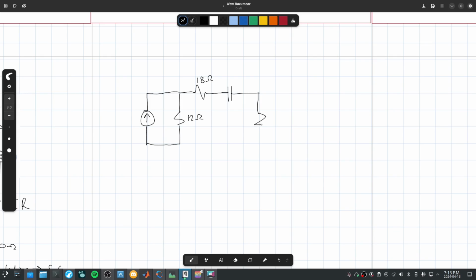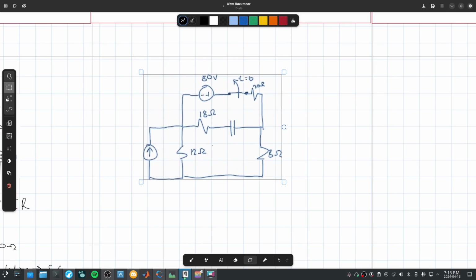We have another resistor here. This bottom connects up just fine. And then up on the top here, we have a voltage source, 80 volts, connected to a switch, which opens at time equals 0. And then 20 ohms here, down. Let's move that down a bit so I can see a bit better.